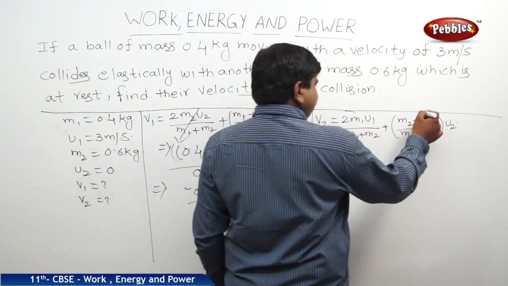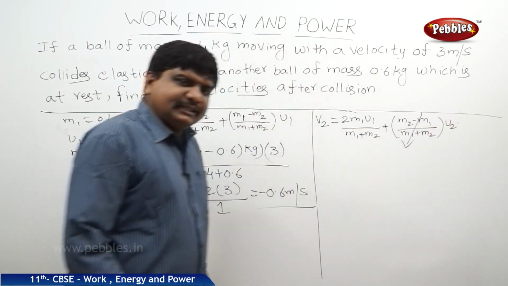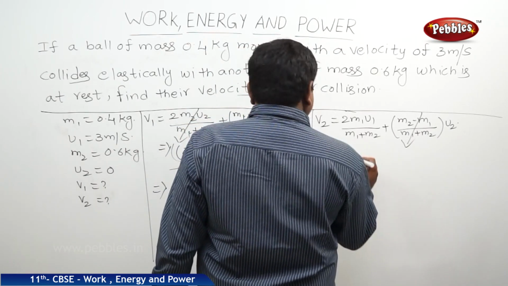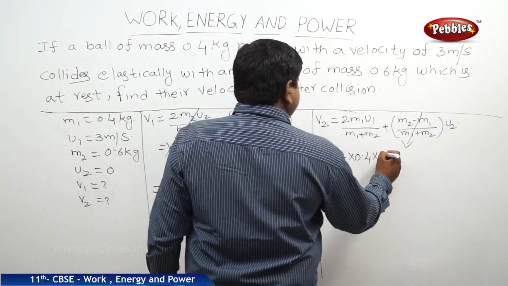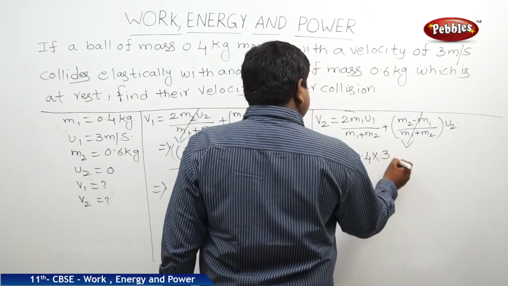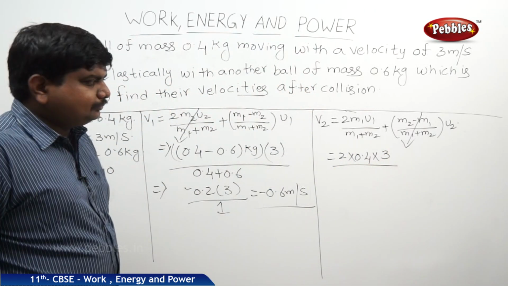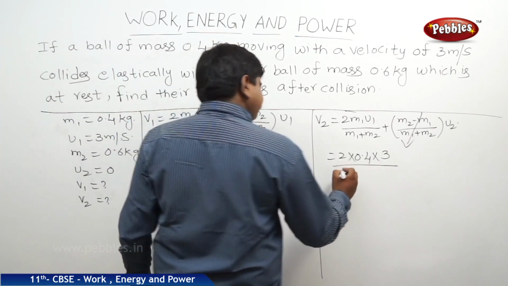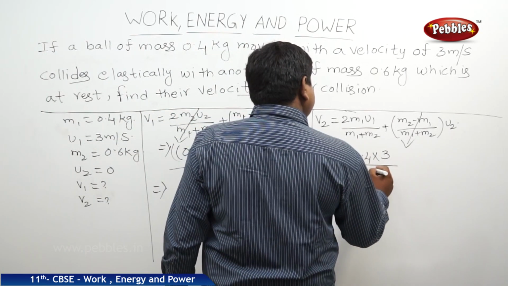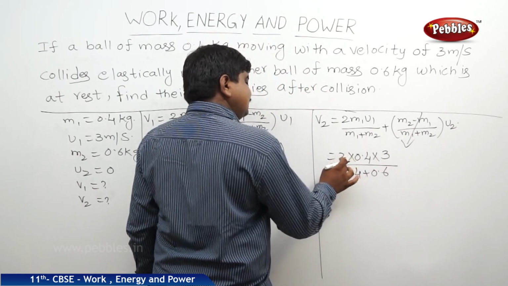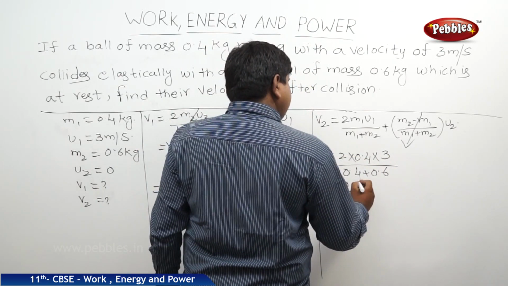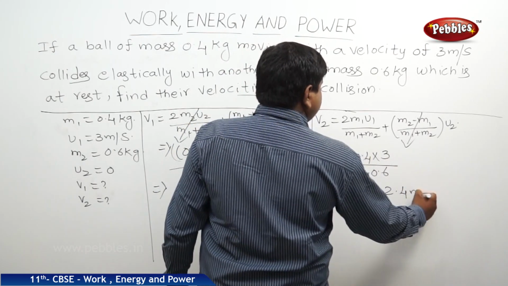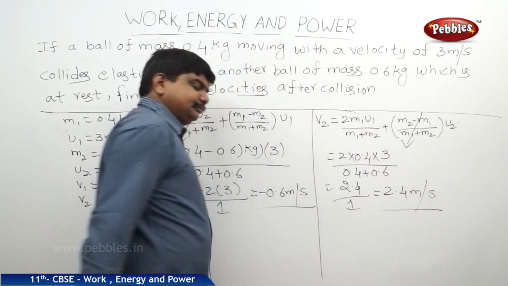That means in the expression for v2, this part will be cancelled. Therefore, 2 into m1, 0.4, into u1, 3 meters per second, by m1 plus m2, 0.4 plus 0.6. 2 3s are 6. 6 into 0.4, 2.4 by 1. It is 2.4 meters per second.